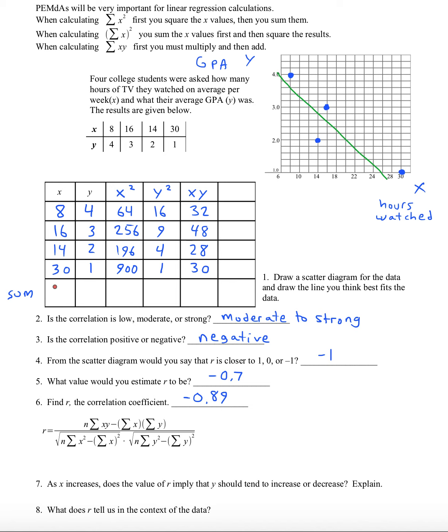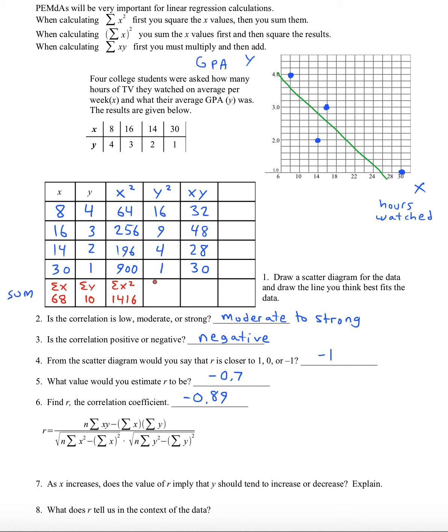The sum of x is 68. The sum of y is 10. The sum of x squared is 1416.